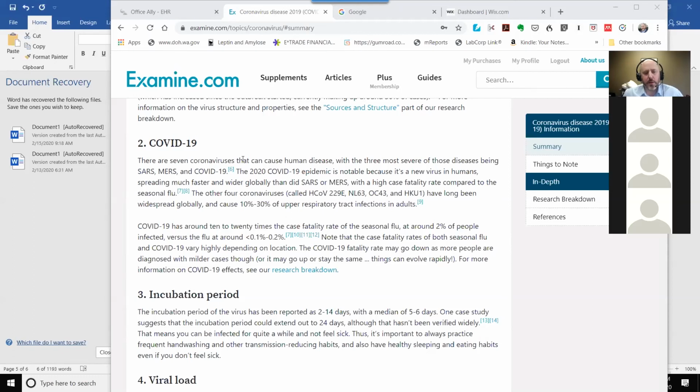Even though more people have died from the flu this year, among the people who have gotten COVID-19 there's been a higher fatality rate, like 2%, versus the flu, which is less than 0.1%.